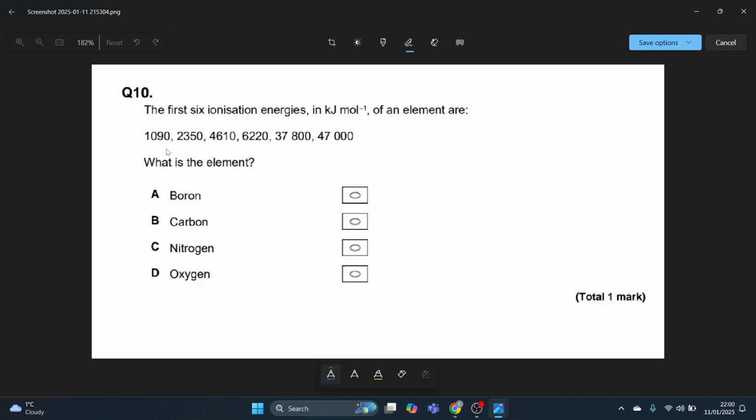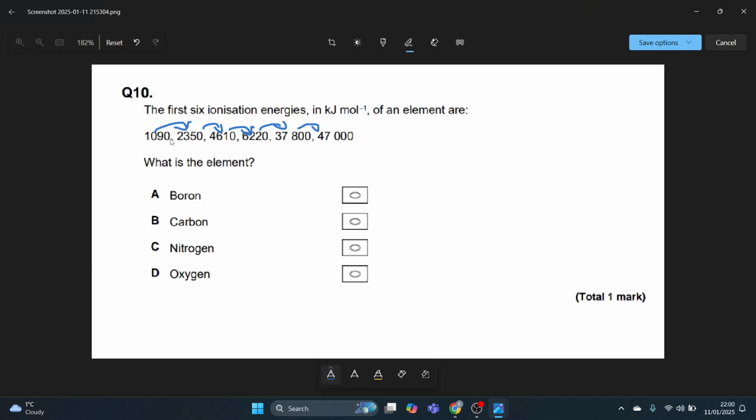So 1090, 23,500, 4,600, 4,610, 6,220, 37,800. So that's significantly bigger than the other jumps in ionization energy. And then 37,800 to 47,000. Yes, that's a big jump as well, but not as significant as 6,220 to 37,800.